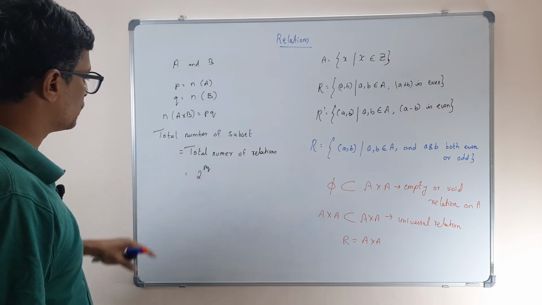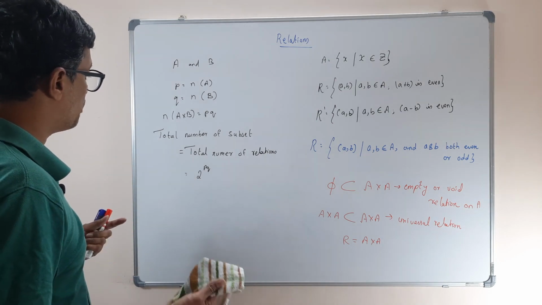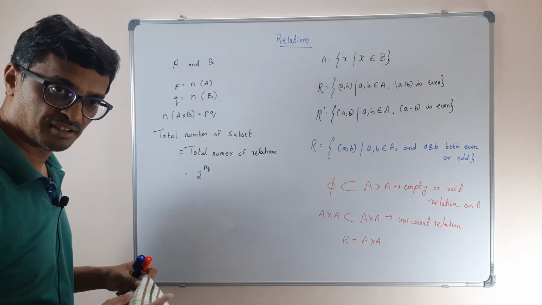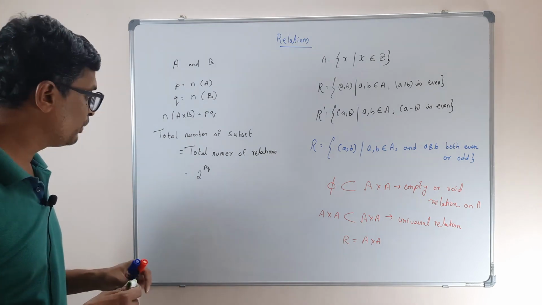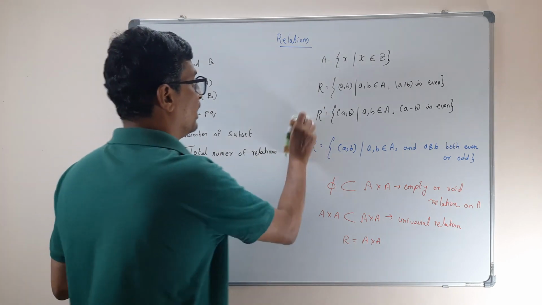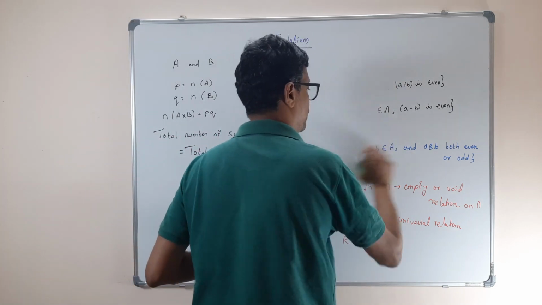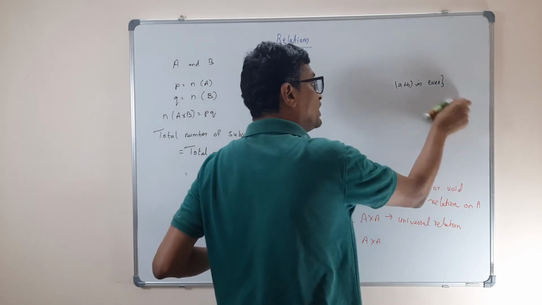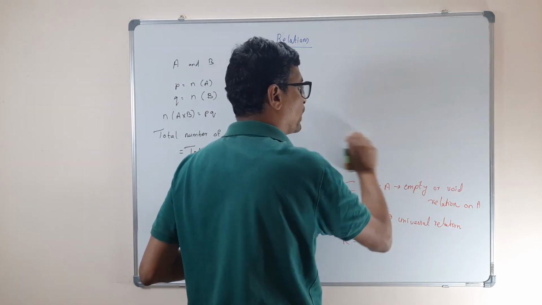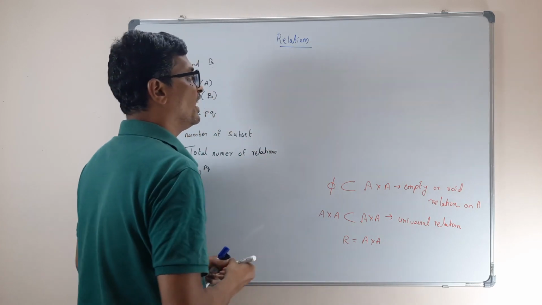So now the interesting question is, in a binary relation, suppose there is a set A. I'm asking what's the total number of binary relations you can get?